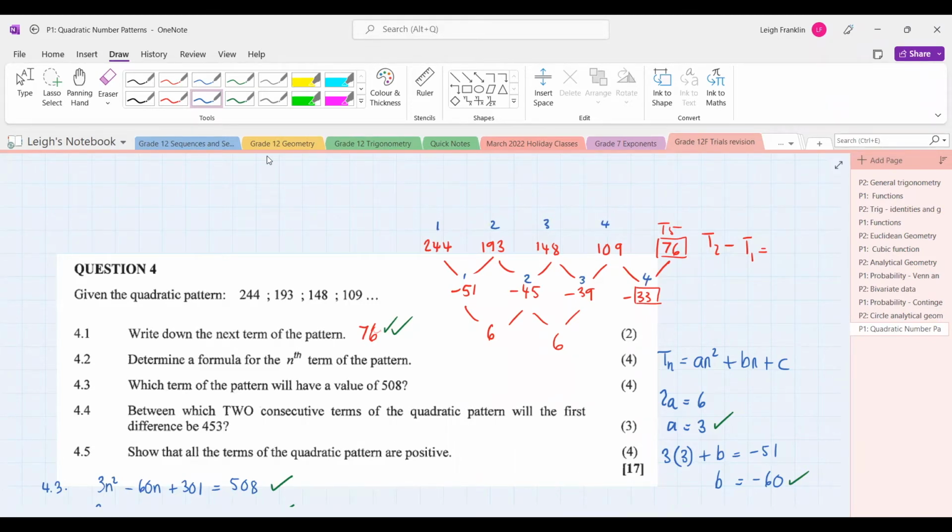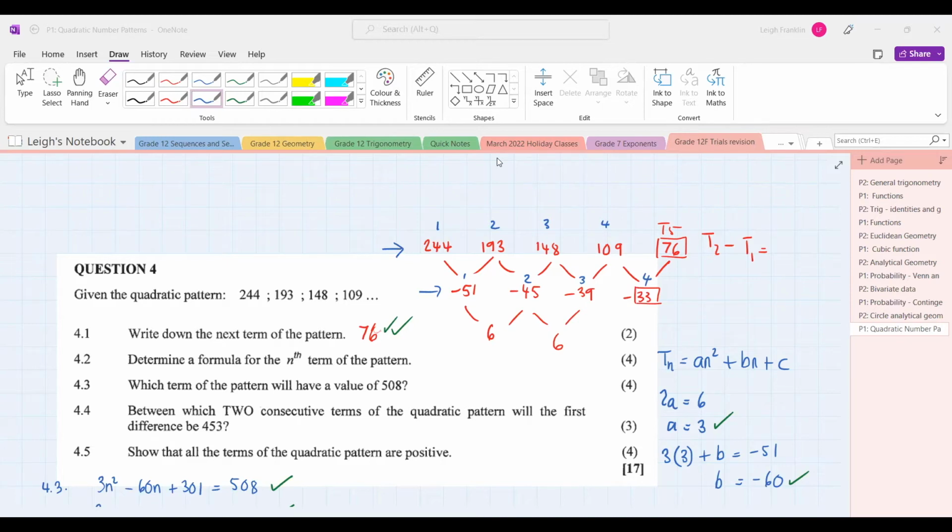Okay, so the question that they're asking us is between which two consecutive terms of the quadratic pattern. So in other words, up here is our first difference. So they're going to be 453. Okay, but if we sub 453 into the pattern, then we found the 453rd term, Amal.